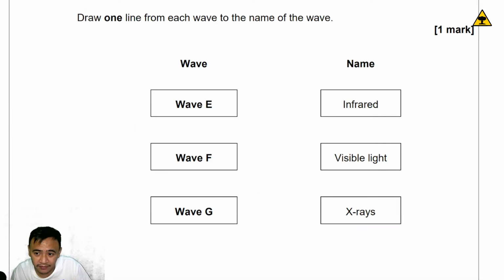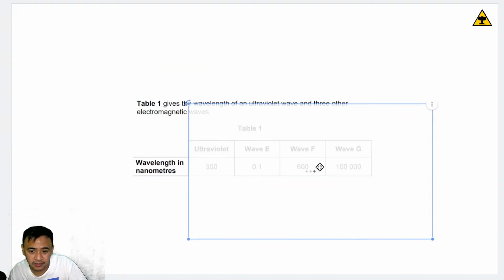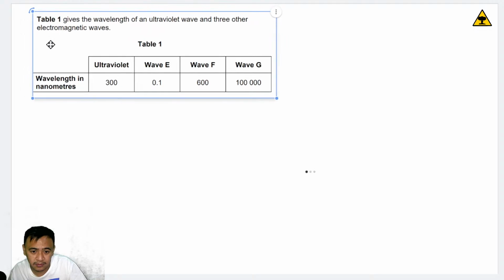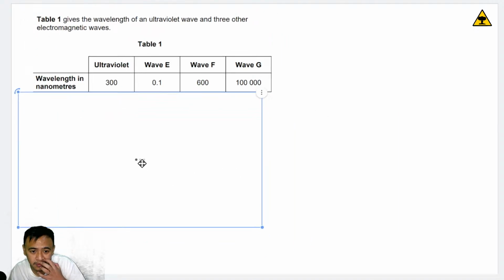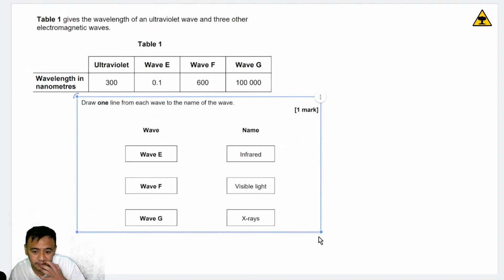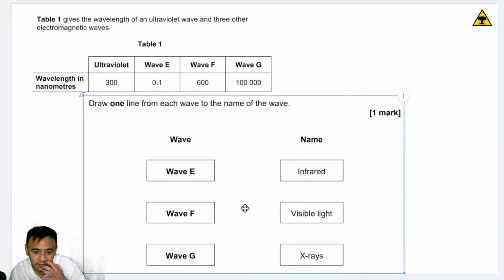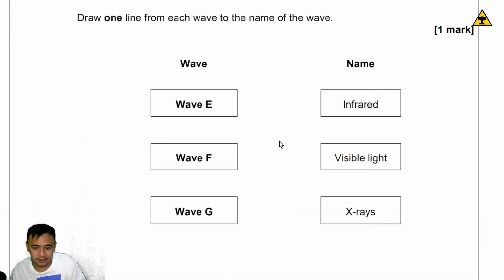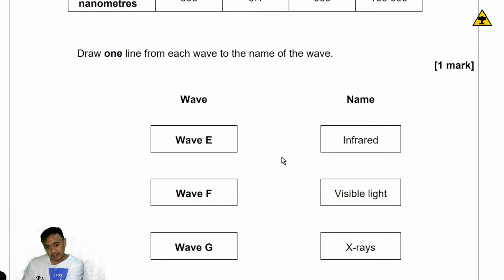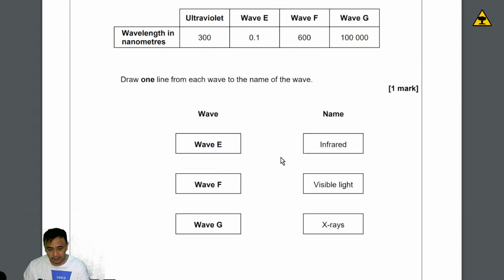One line from each wave to the name of the wave. If you need help, I'll just zoom out a bit so you can see that more clearly.